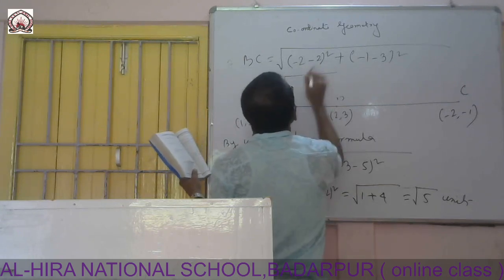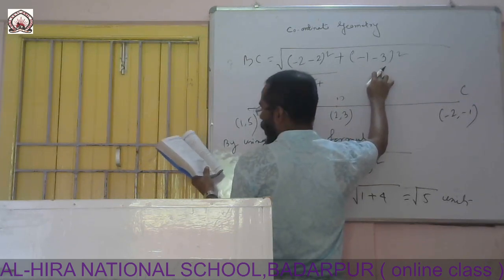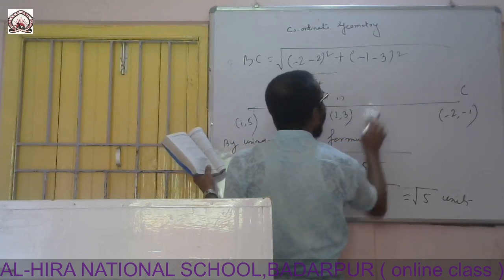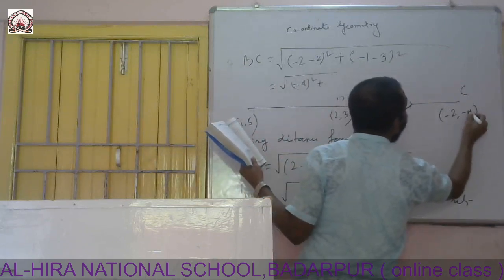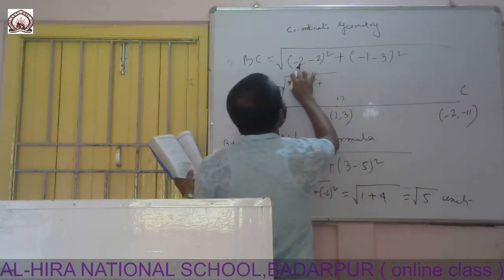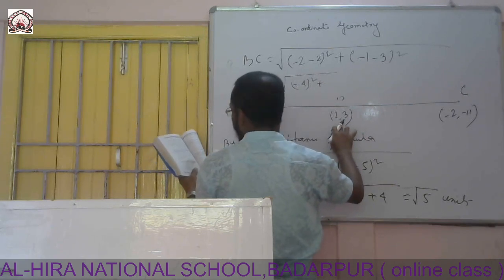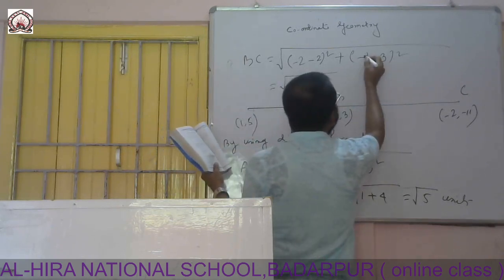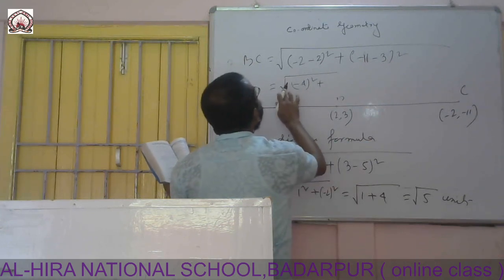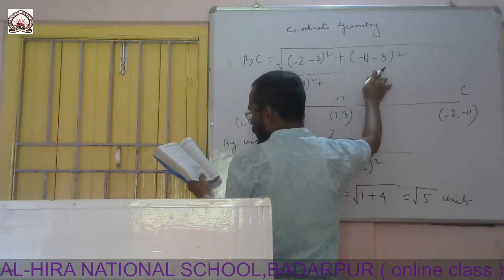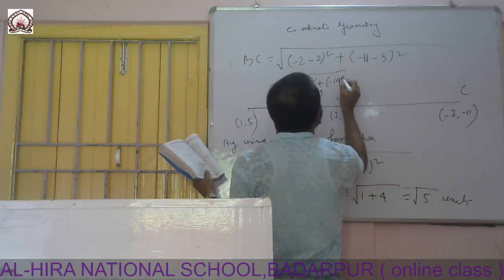Here -2 minus 2 is -4 whole square, and -11 minus 3 is -14, so this is -14 whole square.